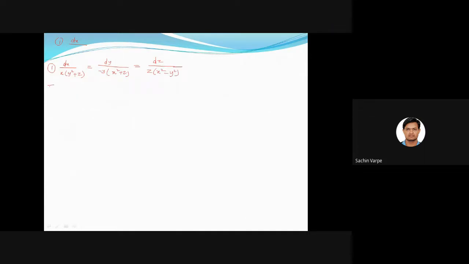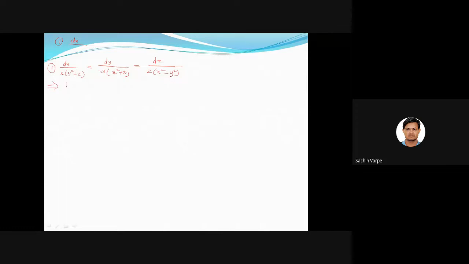What should be the first set of multiplier? So 1 by x, 1 by y, 1 by z. Will it work? 1 by x gives y square, that is getting cancelled with the last y square, right? Then plus z is getting cancelled with this. Then minus x. Yes, it will work.